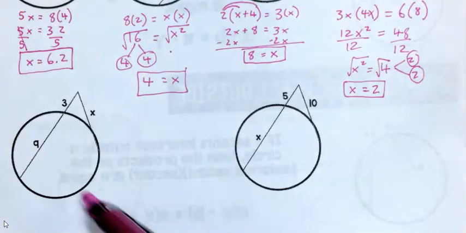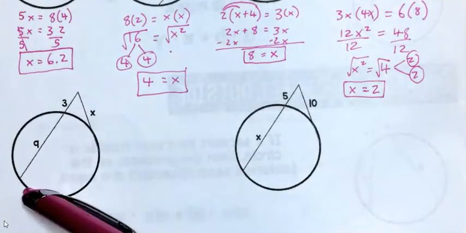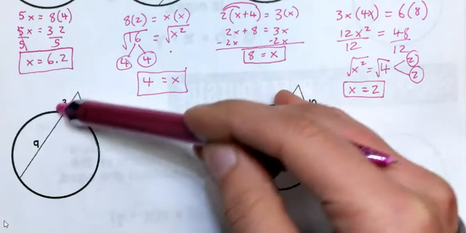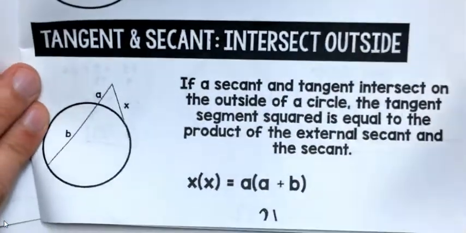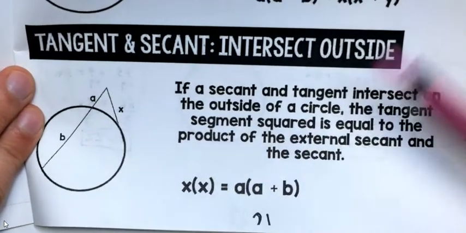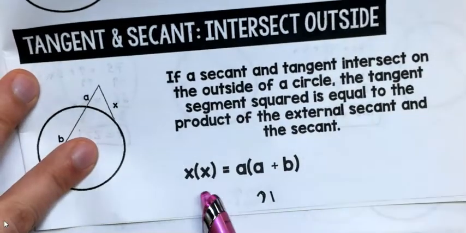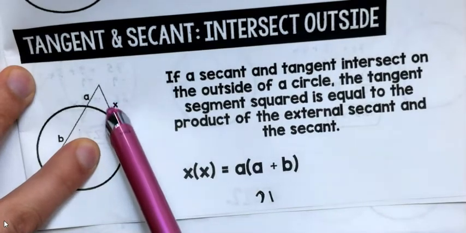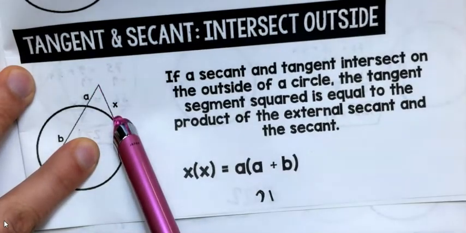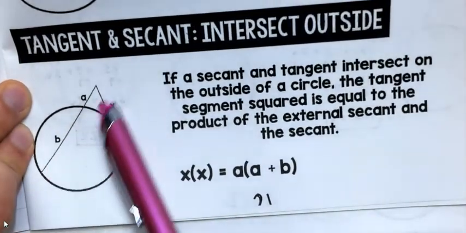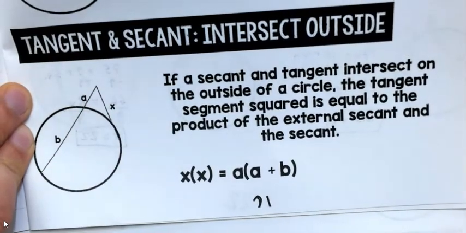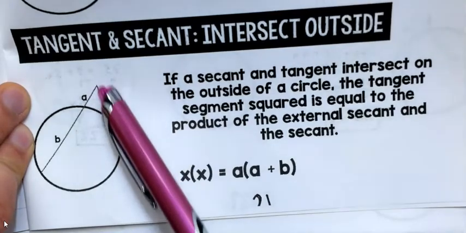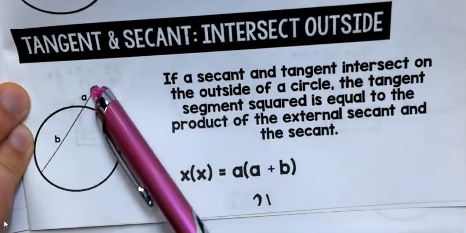Which formula are we using? 1 section on the inside of the circle and 2 pieces outside the circle, so we are using this last formula right here. It says this side times itself equals outside times outside plus inside. So part times the whole equals part times the whole.